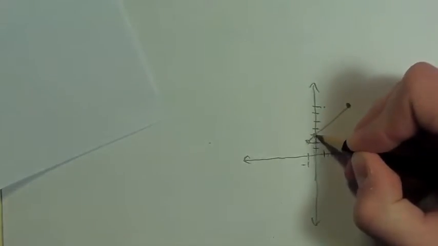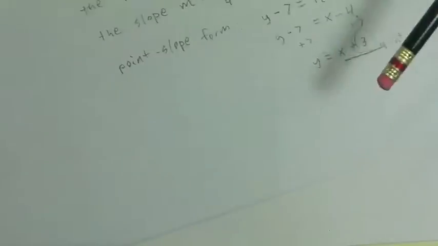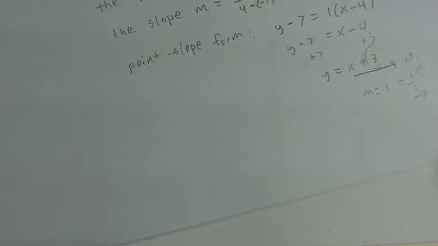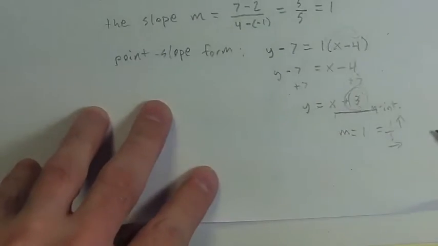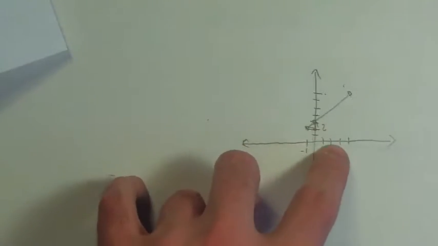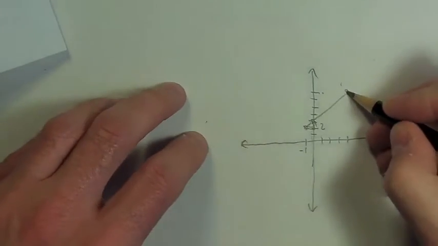So if you were to go from your first point to your next point using the slope, so if the slope is 1, that means as you go over 1, you go up 1. And we can use the slope to find the next point, which happens to be the y-intercept.